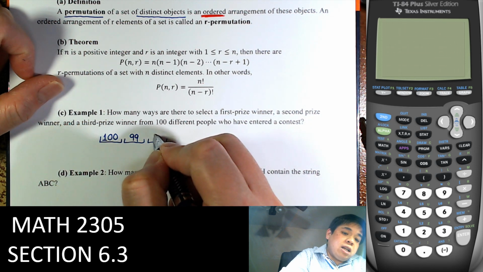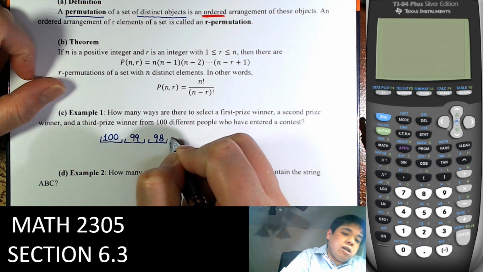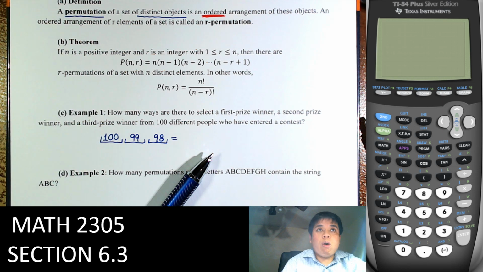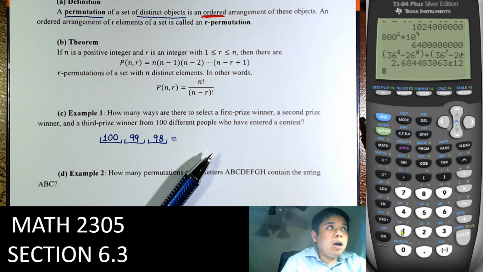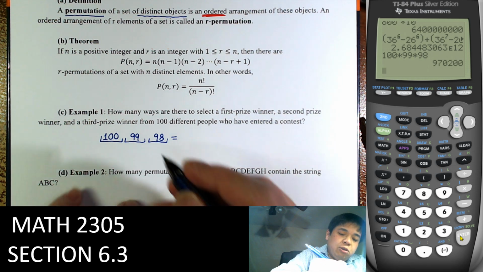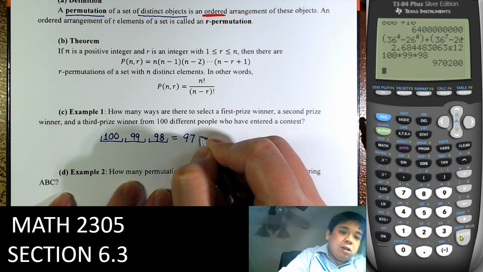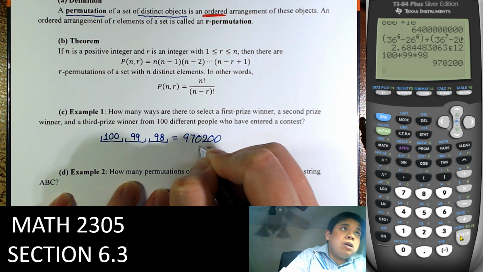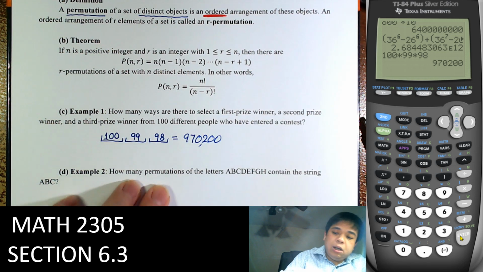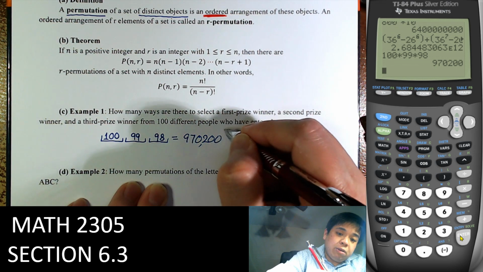After that, there are only 98 left to select for the third prize winner. So you have 100 times 99 times 98.